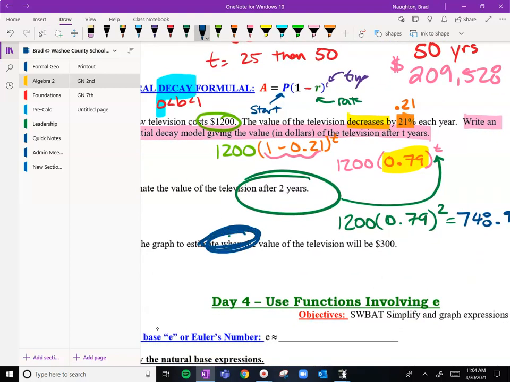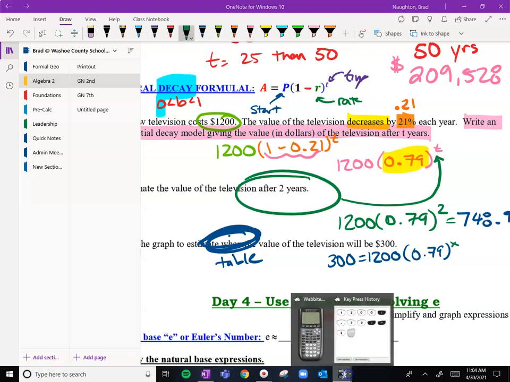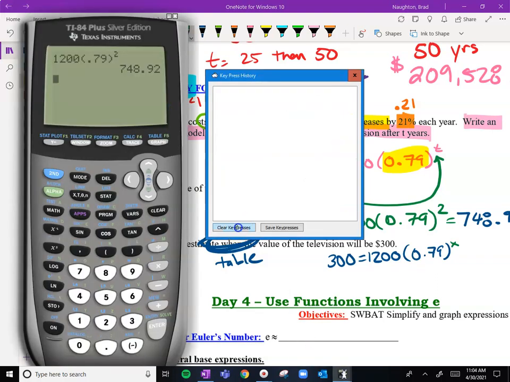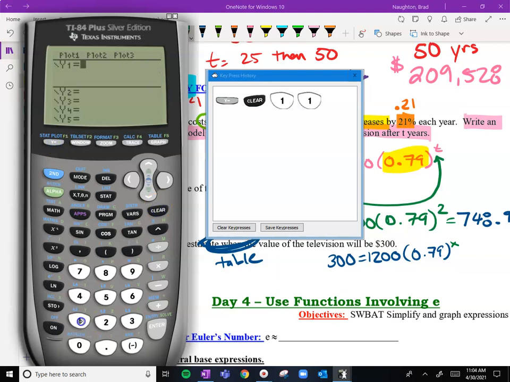Alrighty, when will it be 300? So again, we see that when, so that's going to tell us table. So we're going to say, alrighty, I have 300 equals 1,200 times 0.79 to the what? To the x, because that's what we're looking for. So we'll get our calculator back up. Now, because I want to graph it, I'm going to hit the y equals button. Clear out what I have there.